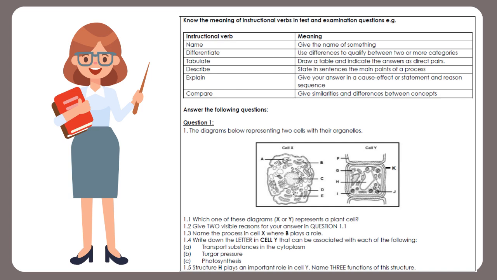A. Transport substances in the cytoplasm. B. Turgor pressure. C. Photosynthesis. 1.5 Structure H plays an important role in cell Y. Name three functions of this structure.